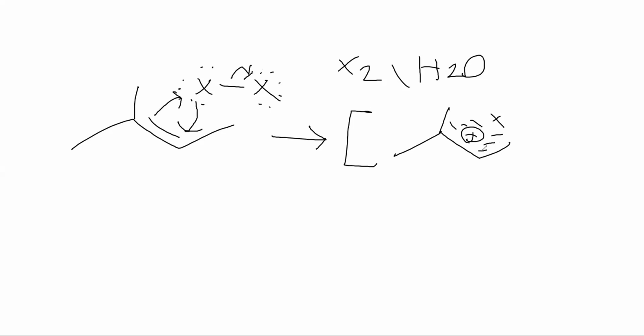And now instead of a halogen coming and attacking these bonds, it's going to be the water that comes in and attacks. It is going to attack what would be the more stable cation if a cation formed, but because we're saying that the cation is shared between this carbon and this carbon and the halogen, you can just say that it's attacking the most stable cation here. So that's going to be the tertiary one. So it's going to attack here.